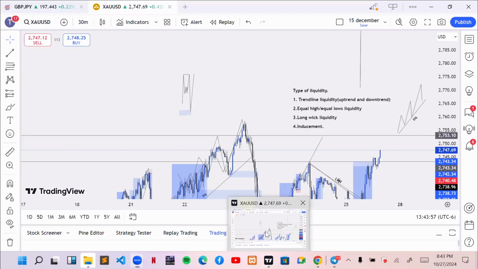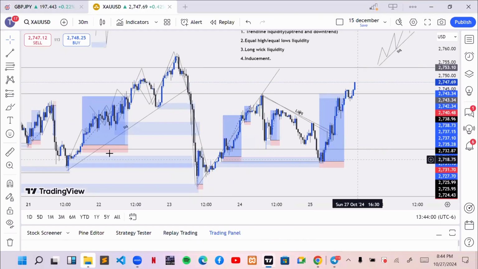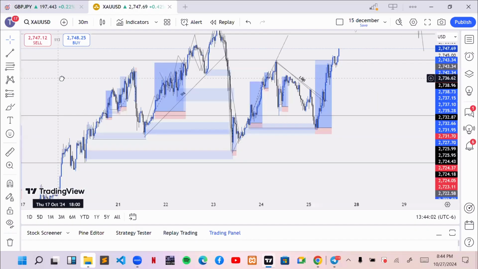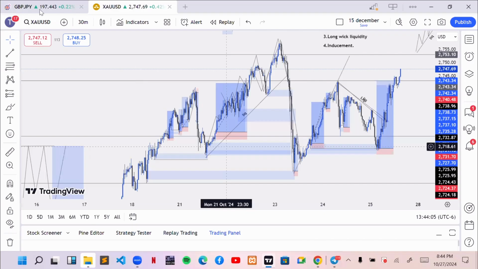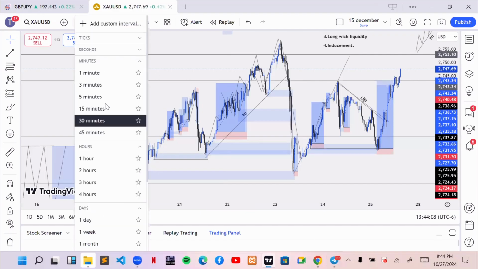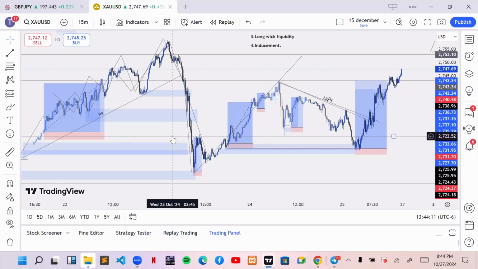My buy setup on gold that I had, these three consecutive buys that I had on gold. Okay, where is it safe? The buy setup I had on gold.